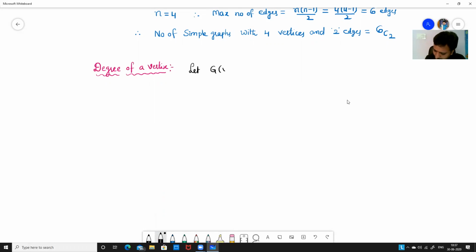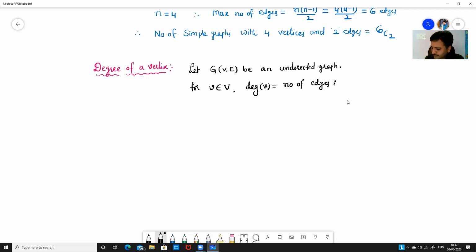Let G(V, E) be an undirected graph. For v belongs to capital V, degree of v is equal to the number of edges incident from that vertex.